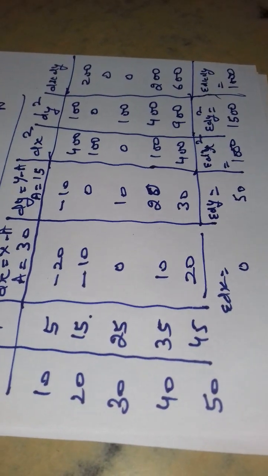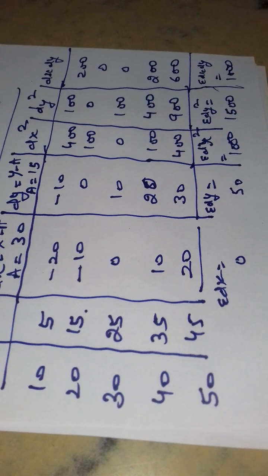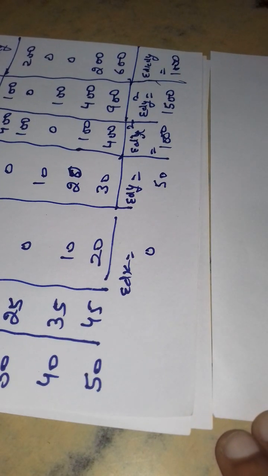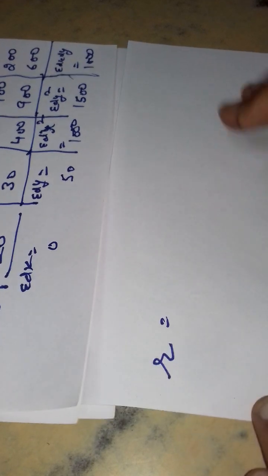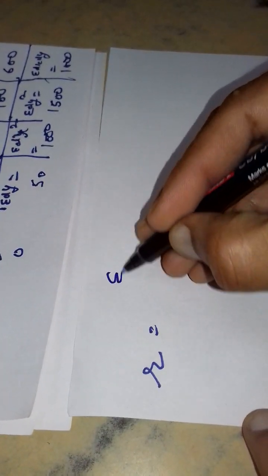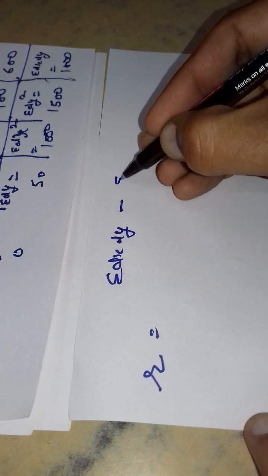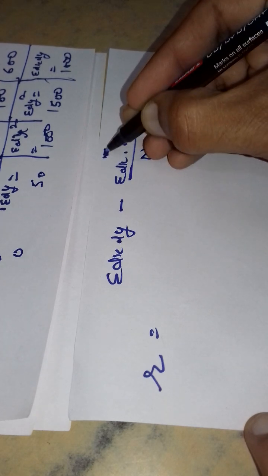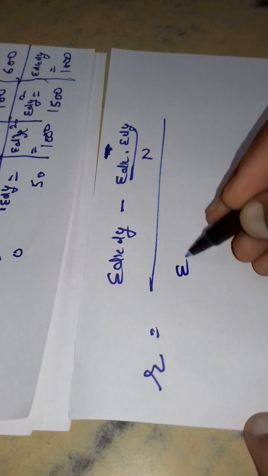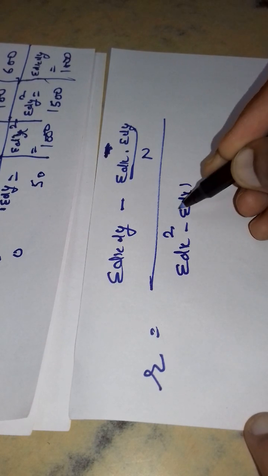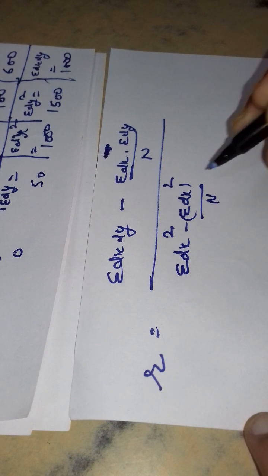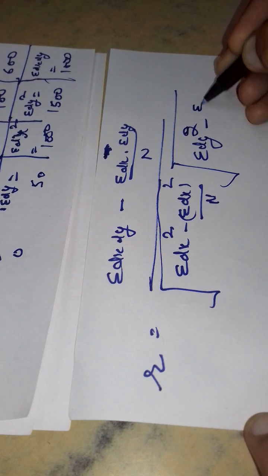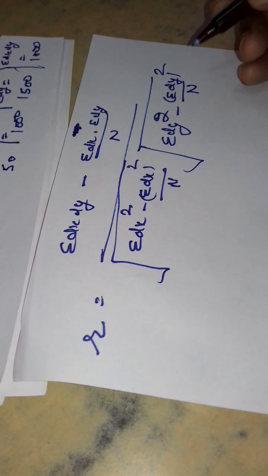Let's write down the formula. R equals summation dx dy minus summation dx into summation dy over n, divided by the square root of summation dx square minus summation dx the whole square over n, times the square root of summation dy square minus summation dy the whole square over n.